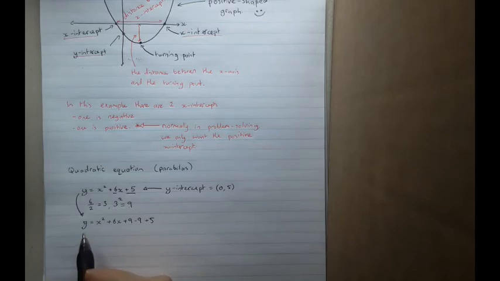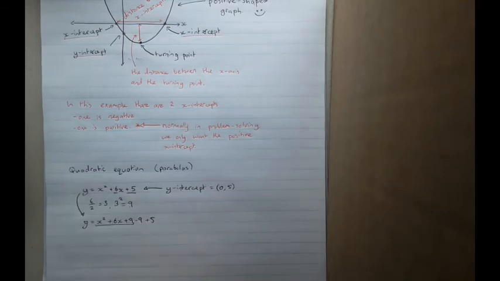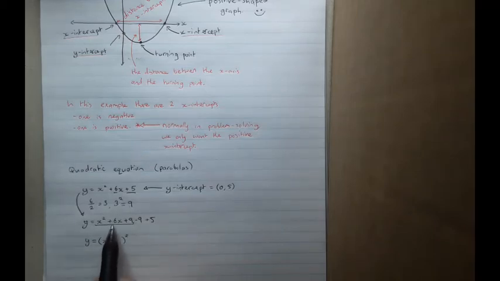But let's keep going. So I want to factorize these first 3 terms. Now I know that's going to look something like y is equal to x plus something, squared. What number goes in here? Well, it's got to be a number that when I double it gives me 6, and when I square it gives me 9.